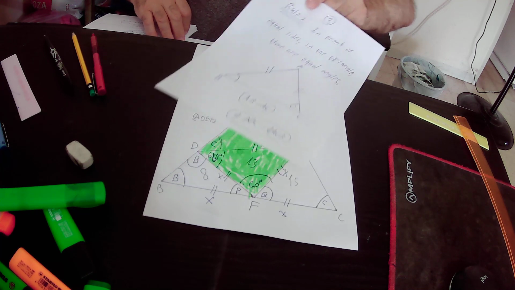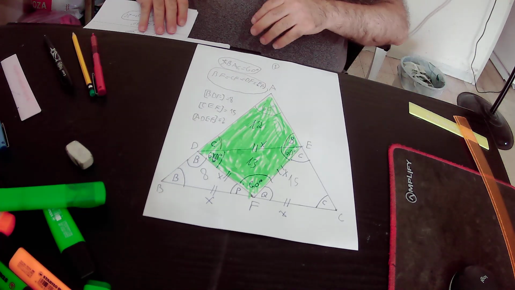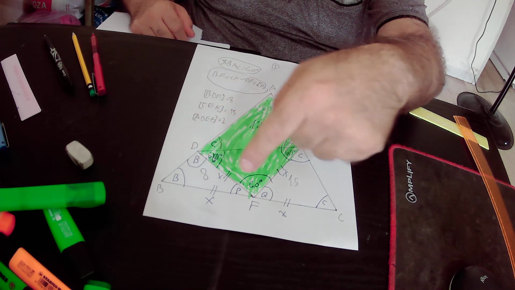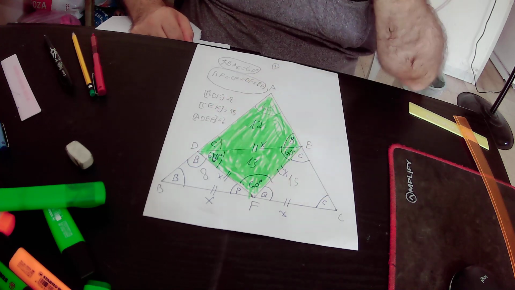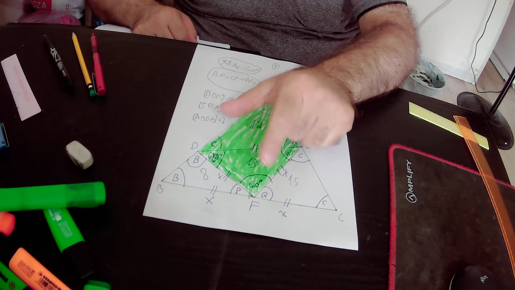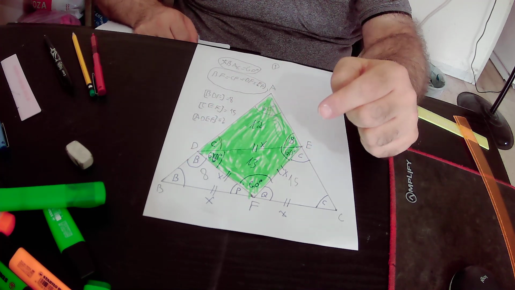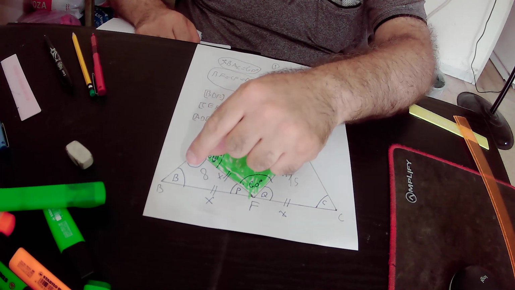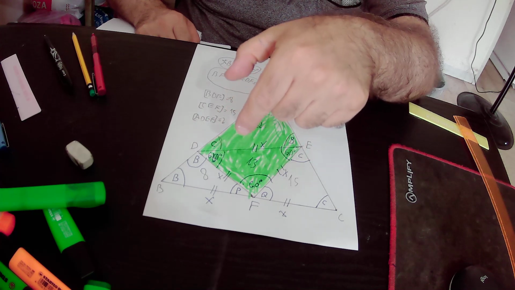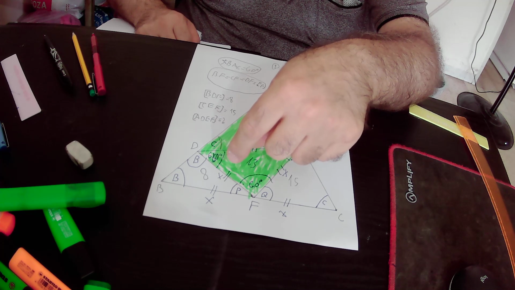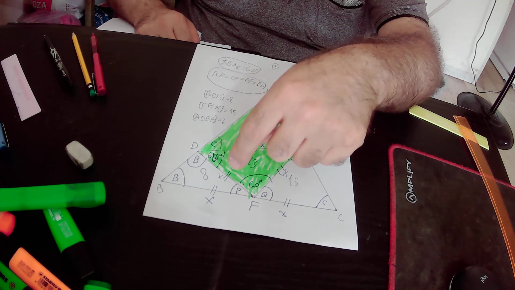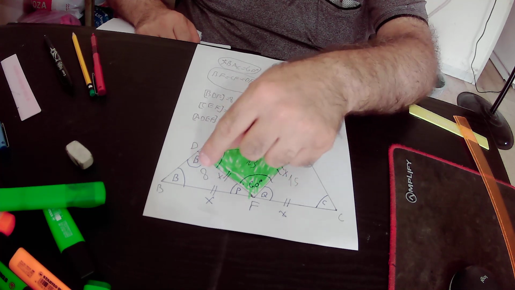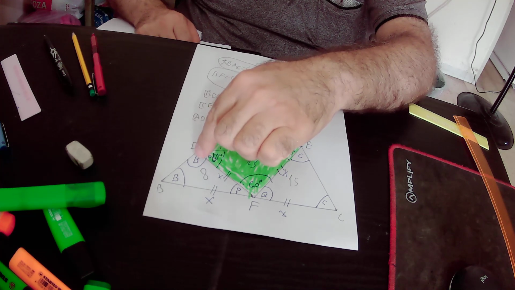So in triangle BDF, we know that DF equals BF, and in front of side DF we have angle B. So in front of side BF that equals side DF, there must be the same angle, because those two angles are located in front of equal sides, therefore they must be equal to each other. So if this angle is B, then this angle must be equal also to B.